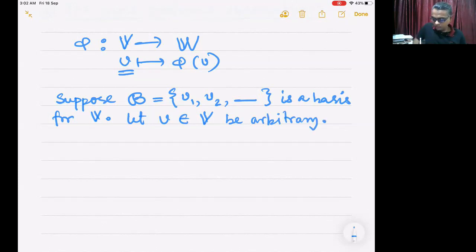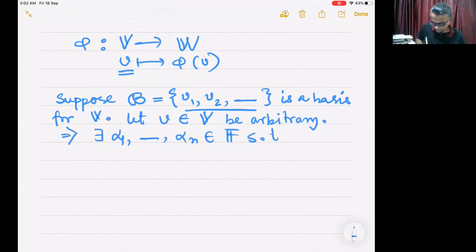But because this is a basis, this means there exist alpha 1 up to alpha n in F such that V is equal to alpha 1 V1 plus ... plus alpha n Vn.